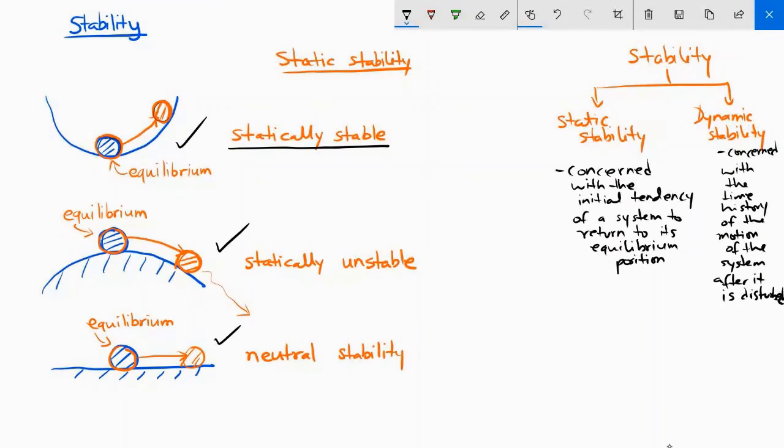So the important difference is, when you are trying to characterize the dynamic stability, you have to look at how things are changing with respect to time. Whereas when you are trying to characterize the static stability, you don't care about how things are changing with respect to time. You only care about how things are changing initially. You only care about the response at the initial time.